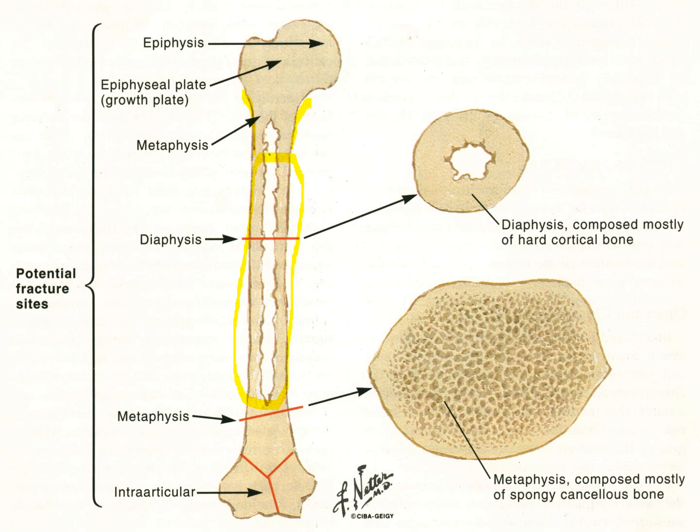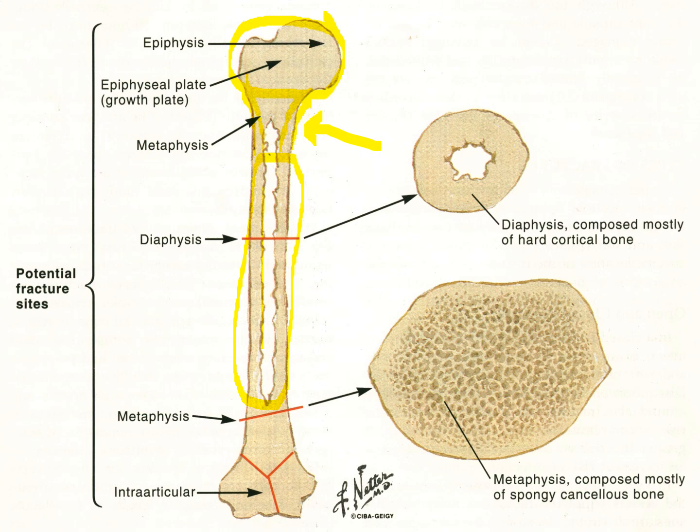So your cortical wall becomes thinner, and there's a gradual transition into cancellous bone. The end part of your bone is called the epiphysis. The middle part, the long shaft, is your diaphysis.